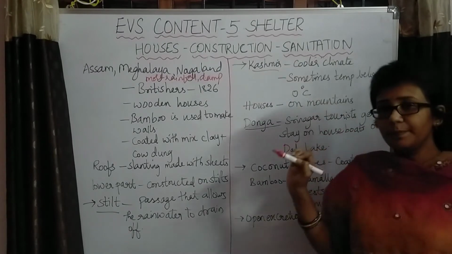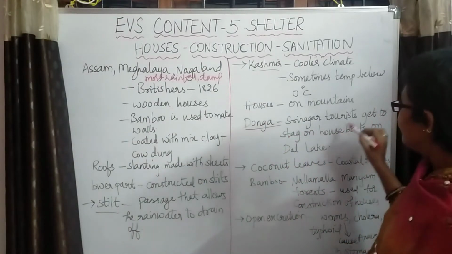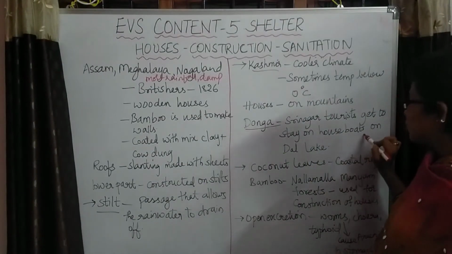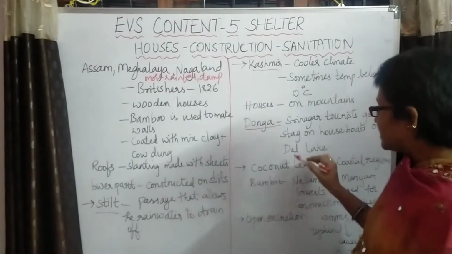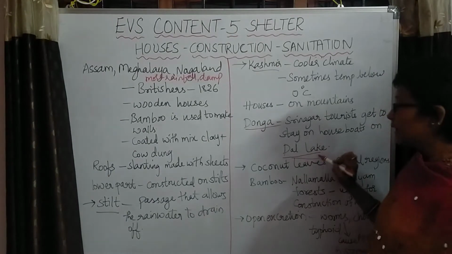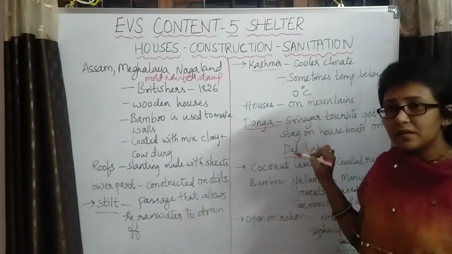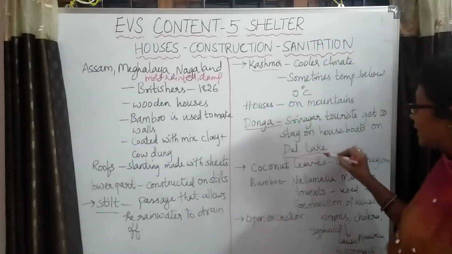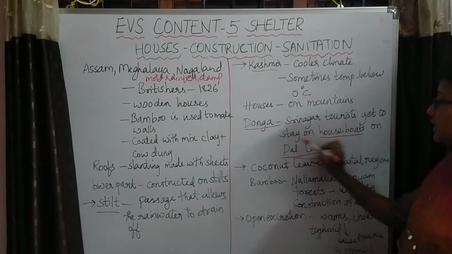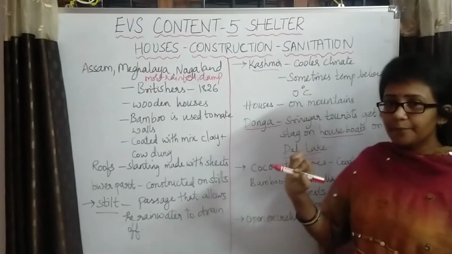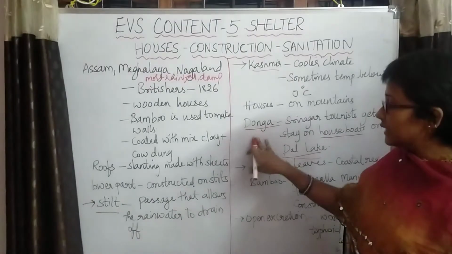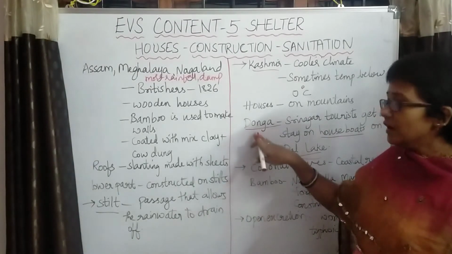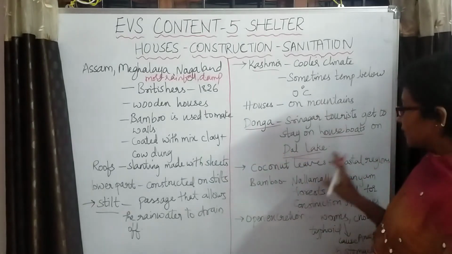Whenever we go to Kashmir, that is Srinagar, if the tourists want to visit Dal Lake and stay near it for 1 or 2 days, they will stay on the houseboats, which are called Donga. So the place where the people live is called Donga.